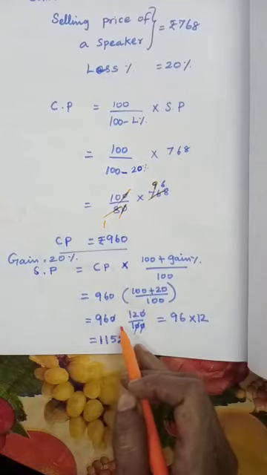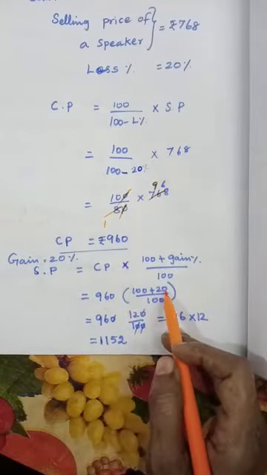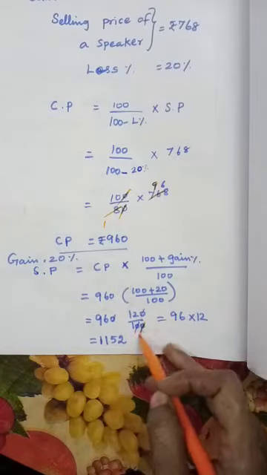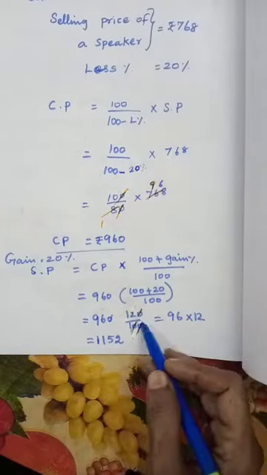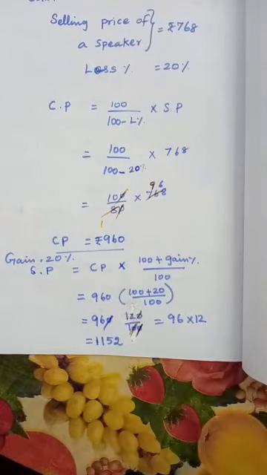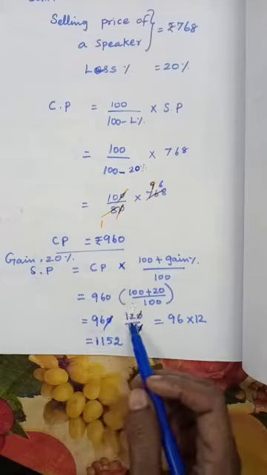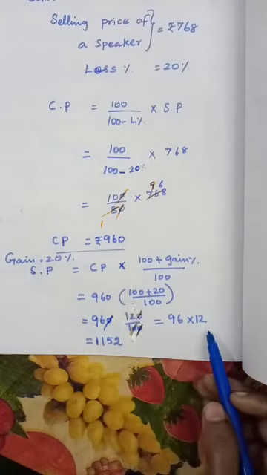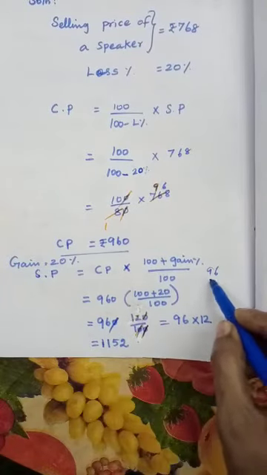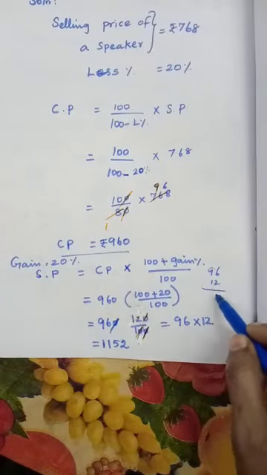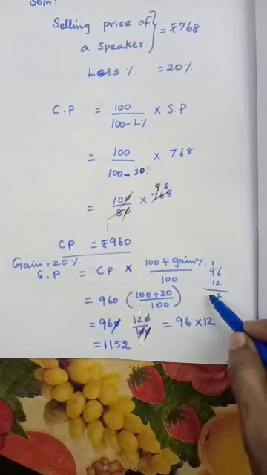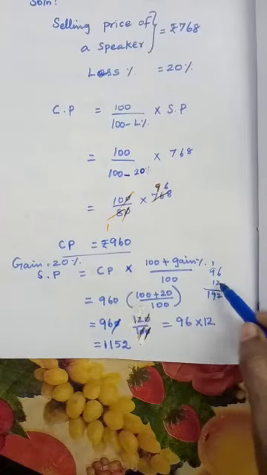So 960 into (100 plus 20) by 100. That is 120 by 100. Then 0, 0 gets cancelled. Here another 0, 0 gets cancelled. Now remaining is 96 and 12. So 96 into 12. Multiply 96 by 12. 6 2s are 12, remainder 1. 9 2s are 18, 18 plus 1 is 19.